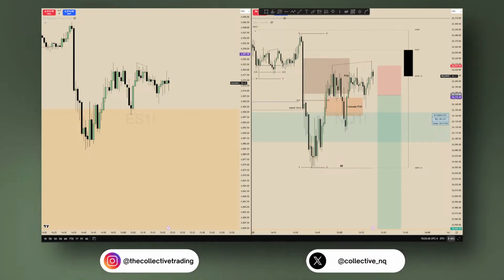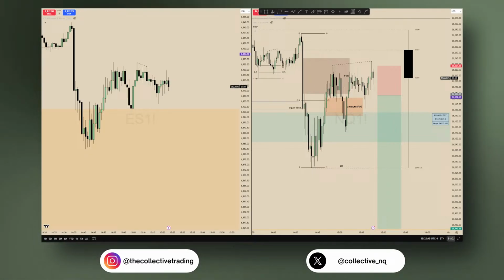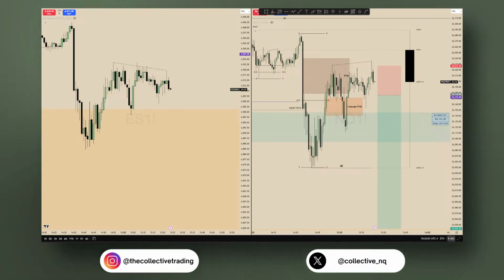Yeah, so now we have SMT with the 50-minute high. I'd like to see that low that we just put in get displaced through with a gap, and then that could be a place to add for the shorts.